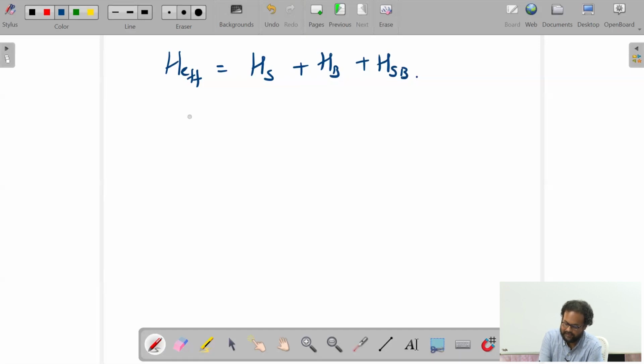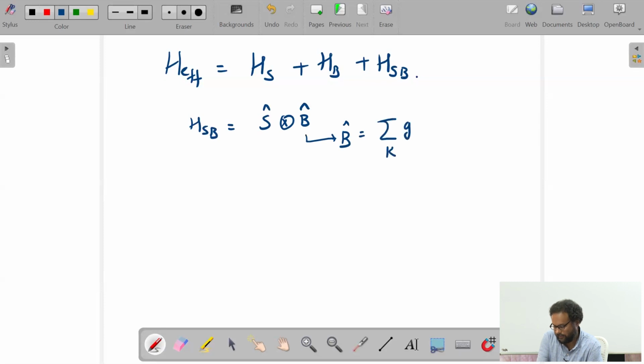So your system bath interaction is a convolution of system and bath operator, where your bath interaction operator can be written as a sum over k, some coupling strength G k times some bath operator B k, plus G k star B k dagger.